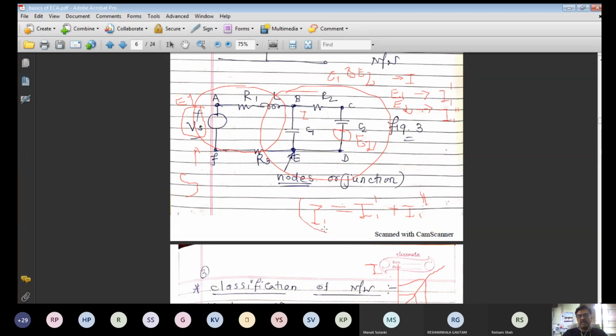If this happens, then we can say that the circuit is linear and it follows the superposition theorem. That we have to perform in the practical also.